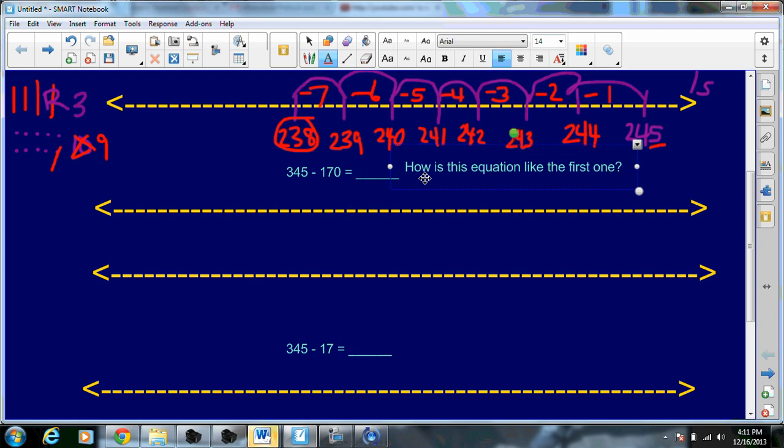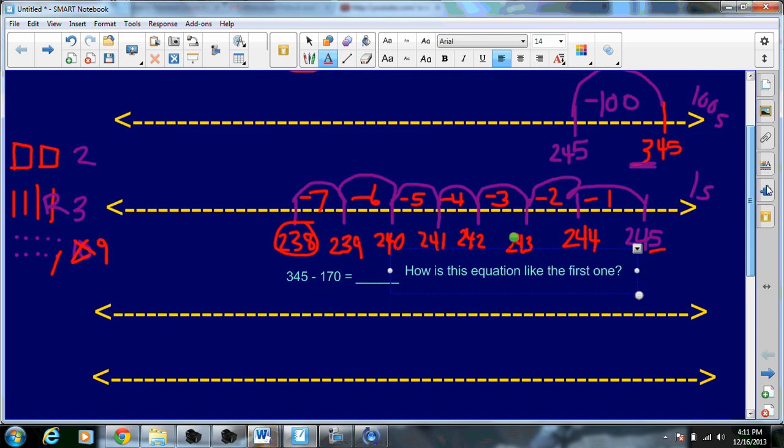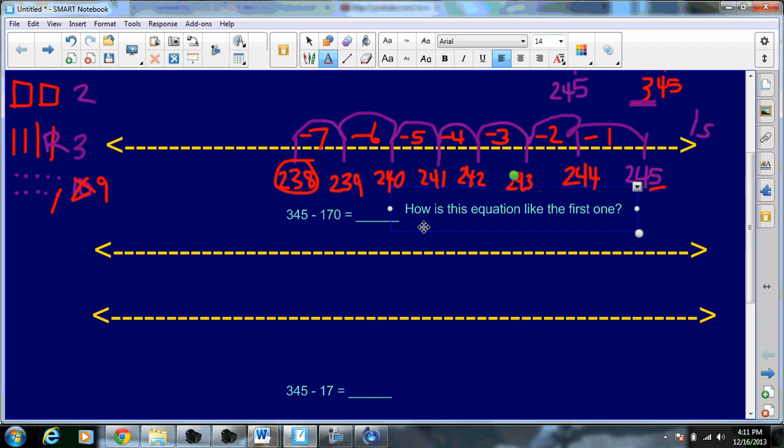That's going to be my first question. How is 345 minus 170 like the first one? And then, of course, my second question is, how is this equation different than the first one?